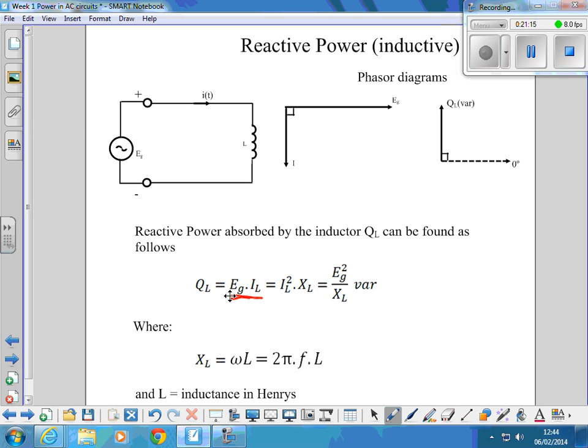You can find it from the generator voltage, in this case, the product of generator voltage and the inductor current. You can find it from the inductor current squared multiplied by the inductive reactance, and we can get XL from omega L or 2 pi FL. And you can find it from the generator voltage squared divided by the inductive reactance of the coil.